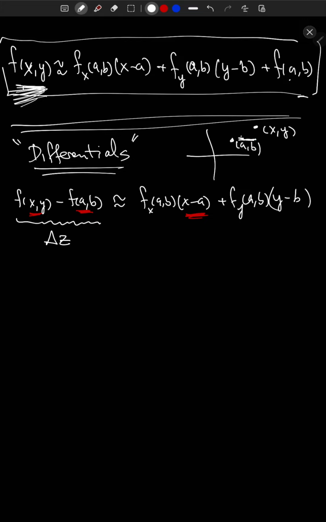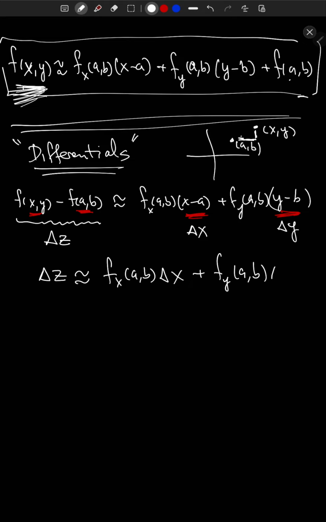And it's the change in x, the difference between the x values. So this we can call delta x. And then finally, this guy right there is the change in y as you move from a comma b to x comma y. And so that we can call delta y. All right. And so ultimately, you can write down a formula that says delta z, or delta f, depending on what you want to call it, is roughly f sub x at a, b times delta x plus f sub y at a, b times delta y. All right.